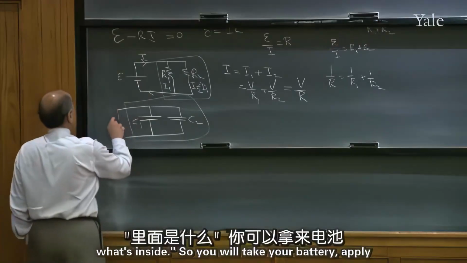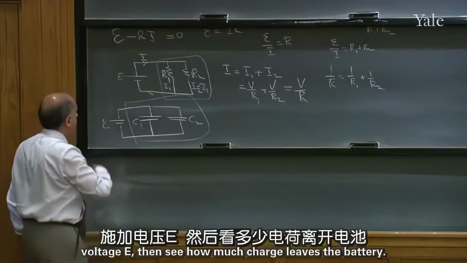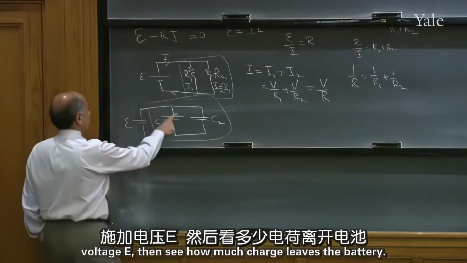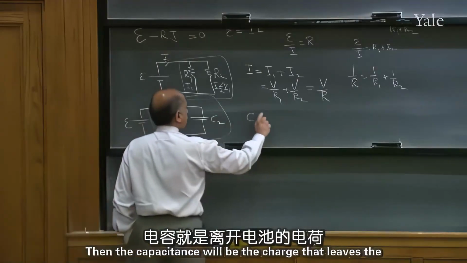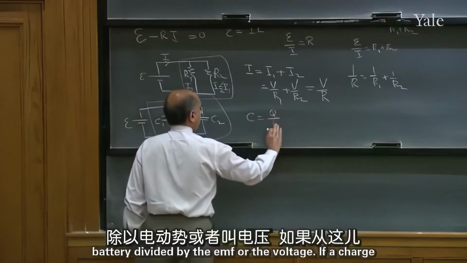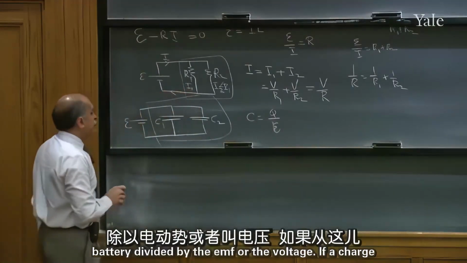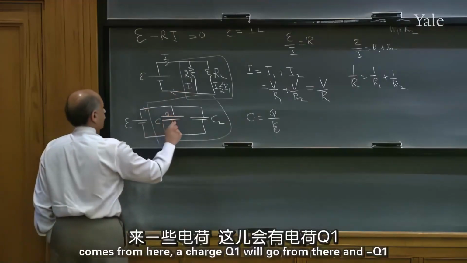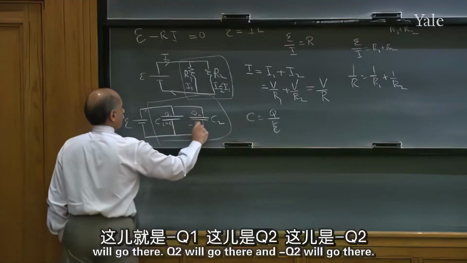So you will take your battery, apply voltage E, then see how much charge leaves the battery. Then the capacitance will be charge that leaves the battery divided by the EMF, or the voltage. If a charge comes from here, a charge Q1 will go there, and minus Q1 will go there, Q2 will go there, and minus Q2 will go there.